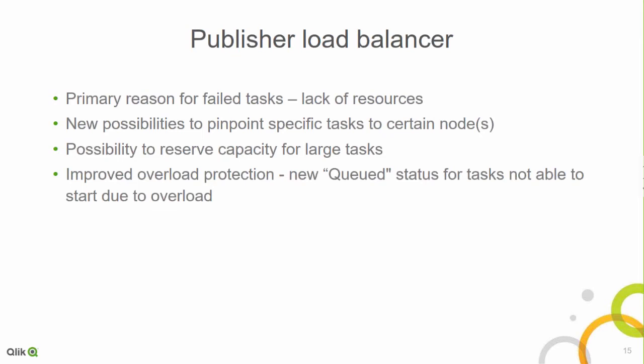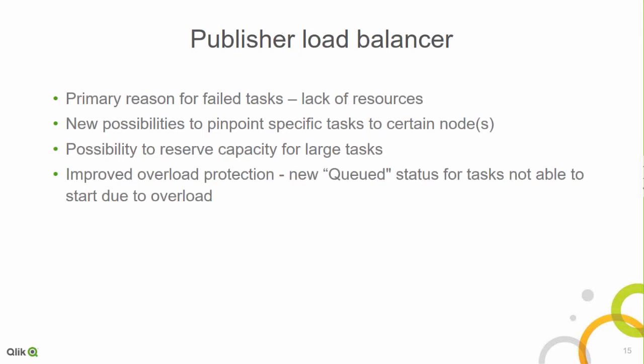There are possibilities now to pinpoint specific tasks to certain nodes, which wasn't possible previously. You could, of course, target specific QVS nodes to load documents, but to actually specify which node reloaded something was not possible. So that's really cool, actually. There is a possibility to reserve capacity for large tasks, basically having sort of prioritized tasks.